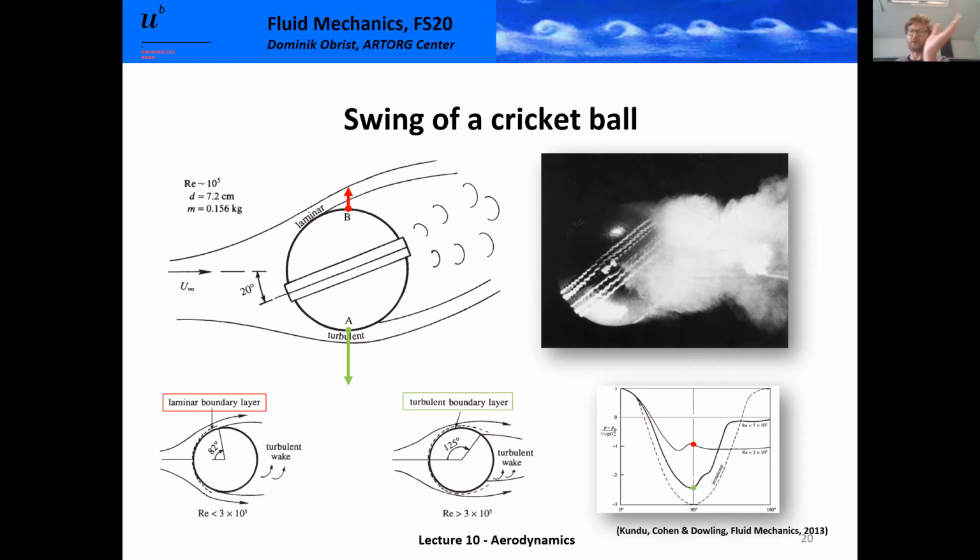So we get a curved ball to the left, just by using transition from laminar to turbulent boundary layer, which modifies the wake. The wake is tilted in the upward direction. So this is what creates what they call the swing of a cricket ball. It's quite sophisticated fluid dynamics that does that.